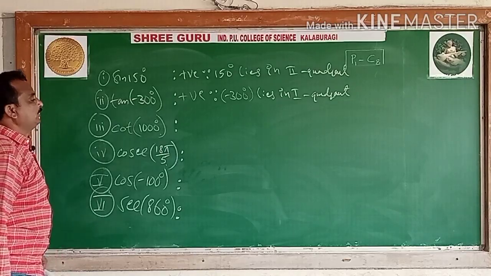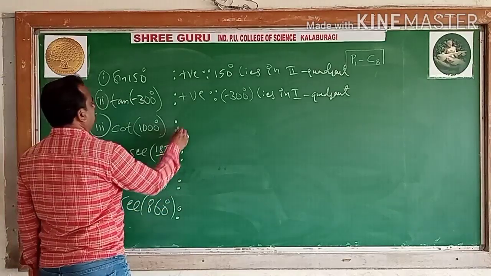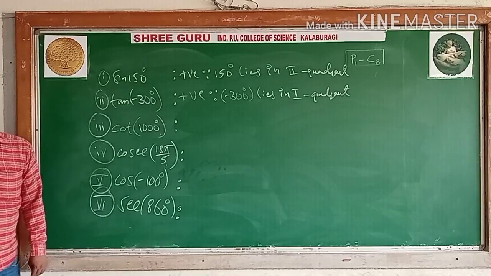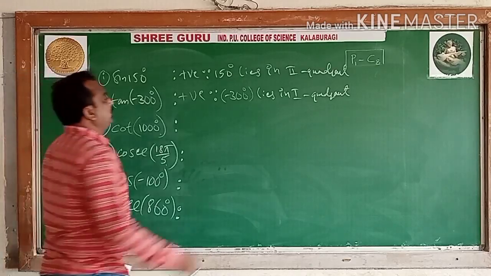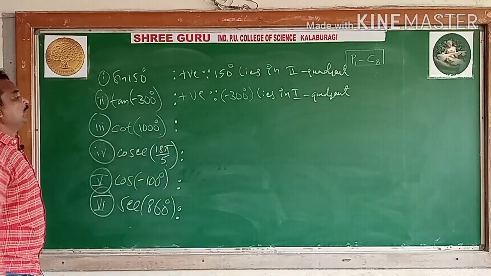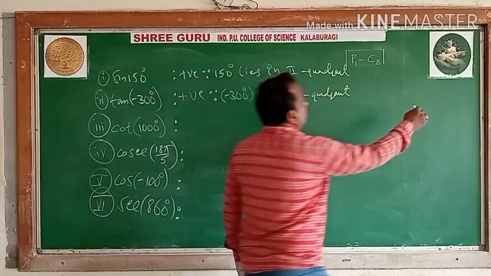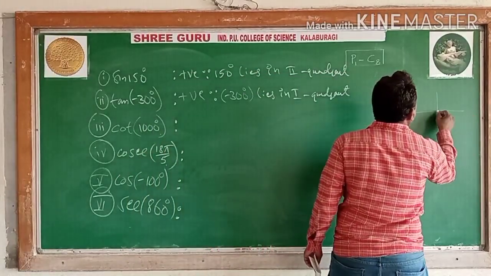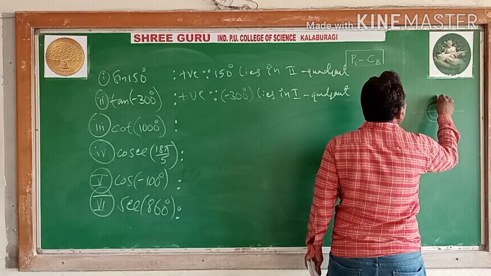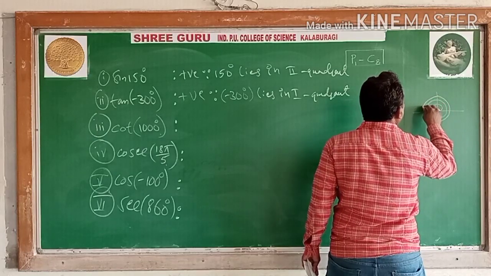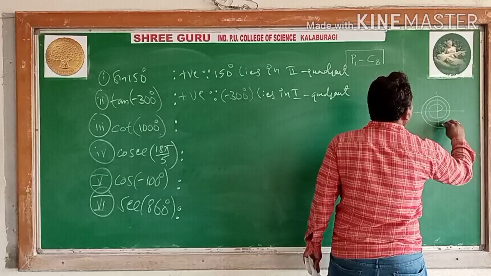Come to the cot 1000 degree. See where the 1000 degree lies. First you have to check which quadrant it is. 1000 degree: 360, 720, 810, 900, 990.